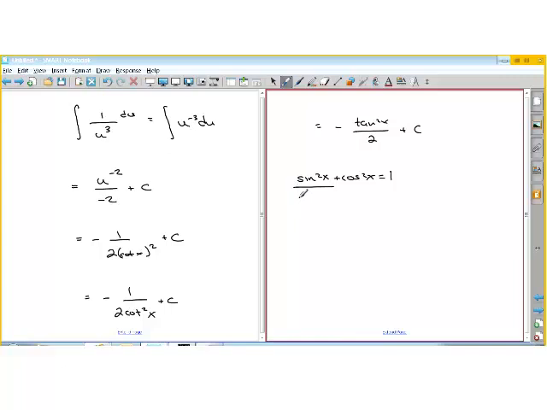If you divide each term by the cosine, and the reason I choose the cosine is because I want to get the tangent in that first term, you get tangent squared of x plus 1 is equal to 1 over the cosine, which is the secant, so you get secant squared of x. So that's the other trig Pythagorean identity. So what we could do is substitute in: if you solve for tangent squared of x, it is equal to secant squared of x minus 1.